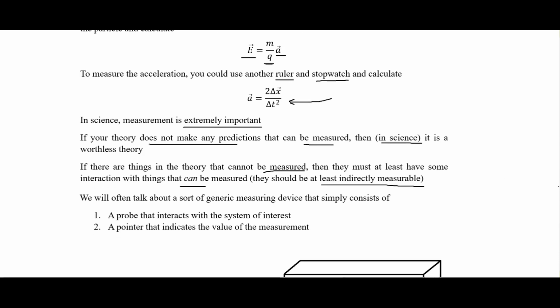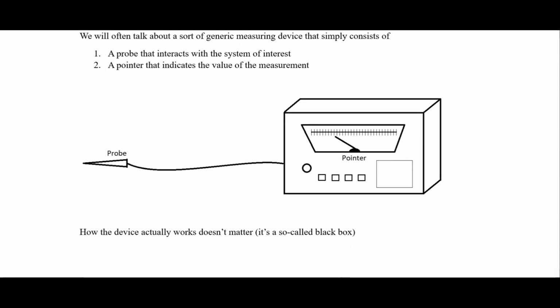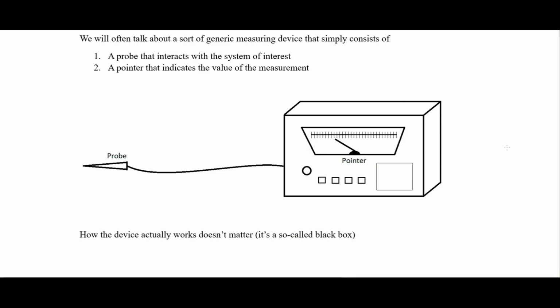And so in these videos here, in a lot of foundations of quantum mechanics and philosophy of science and stuff, we often talk about a sort of generic measuring device that simply just consists of a probe and a pointer, where the probe here is what sort of interacts with the system that you're interested in measuring, and the pointer just indicates the value of the measurement.